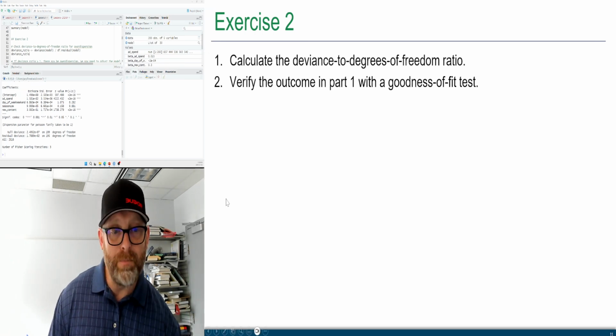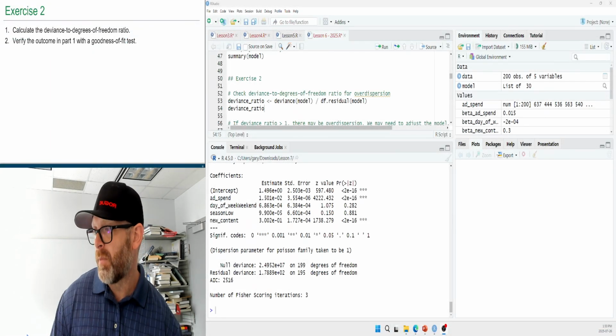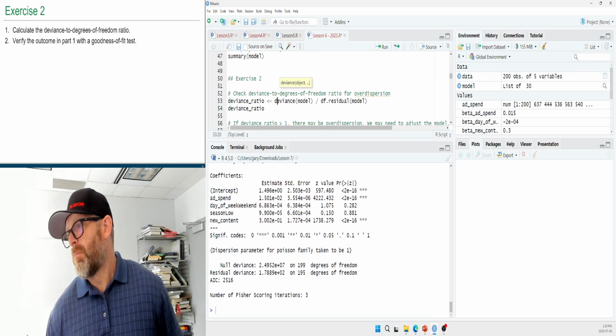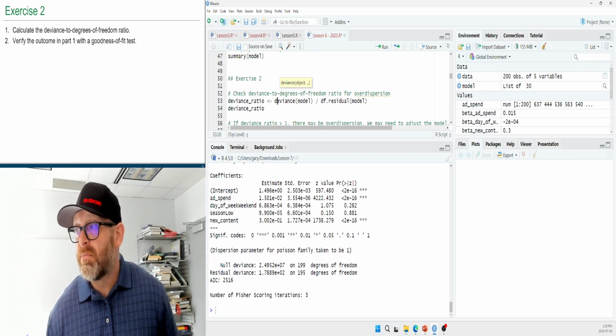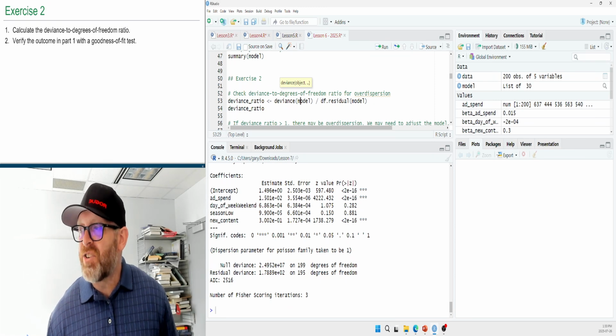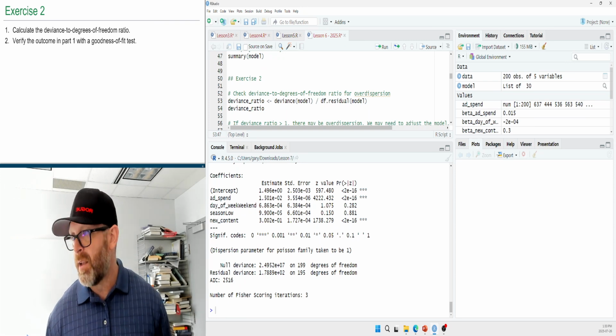All right, so let's jump back over to R. Here we go. That was easier to find this time around. I've already created the model. The model is just called model. I know, it's clever. Now I'm going to use the deviance function, which gets me my residual deviance, and the df.residual function on my model, which gives me my residual degrees of freedom.